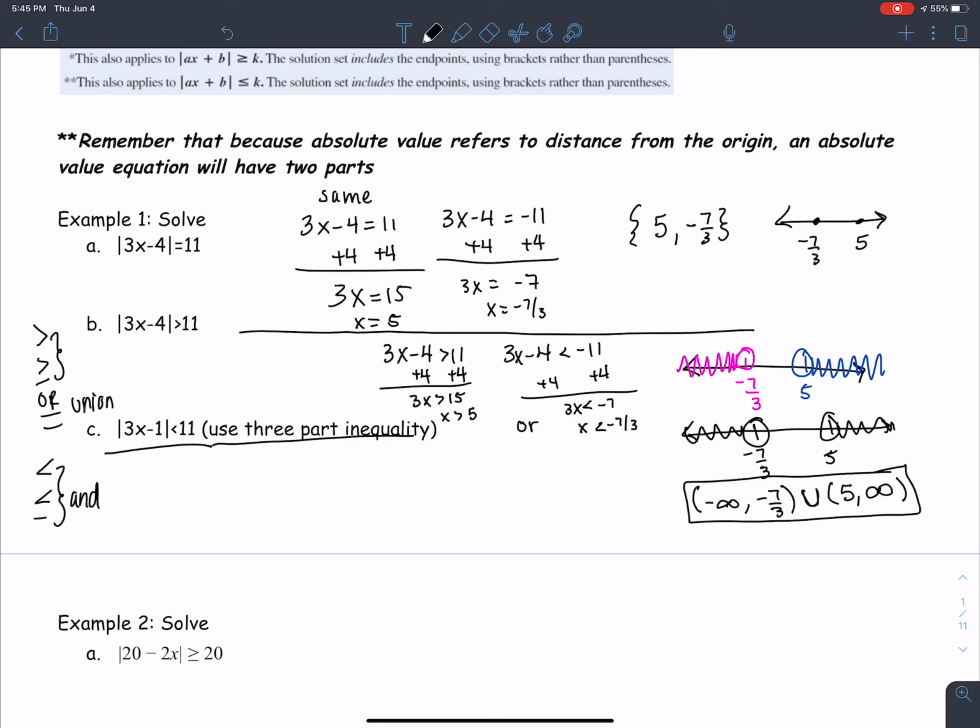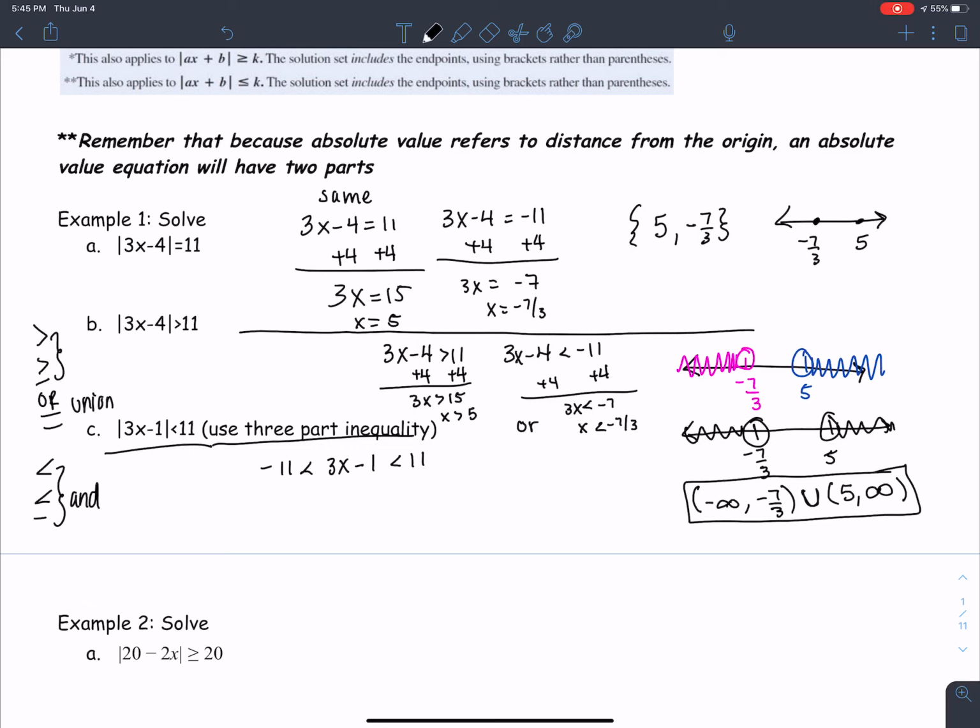So a three-part inequality means we're going to do negative 11 is less than 3x minus 1, I think I changed it to 1 instead of 4, which is fine, is less than 11. This is still an and.